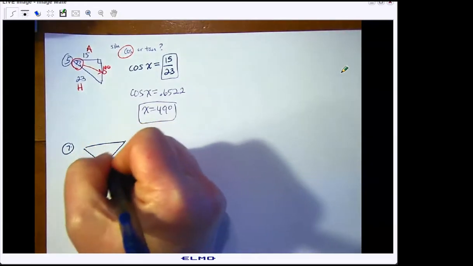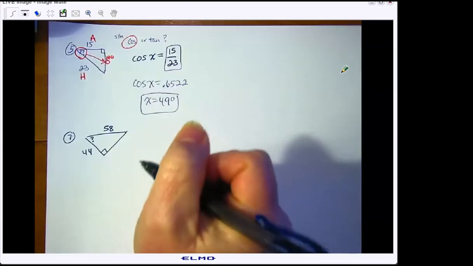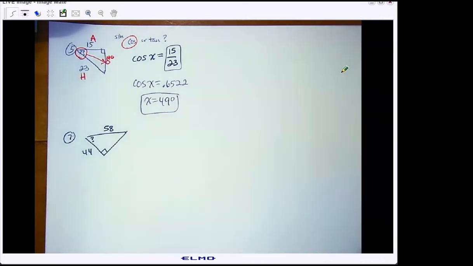Number 7. Here's my angle, 44 and 58. So I automatically know it's not going to be tangent because I have a hypotenuse.